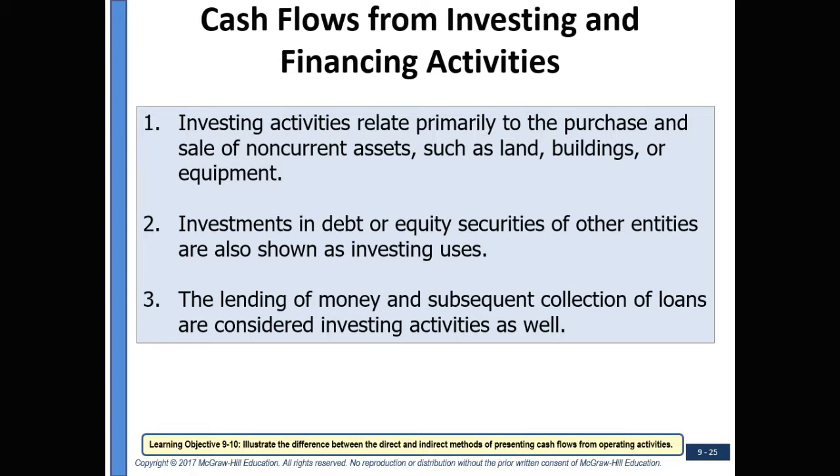Investing activities relate primarily to the purchase and sale of your non-current assets. So you're looking at your long-term assets, such as plants, property, and equipment, and investments, notes payable, things of that nature. Notes receivable, things like that. It's going to be non-current related.